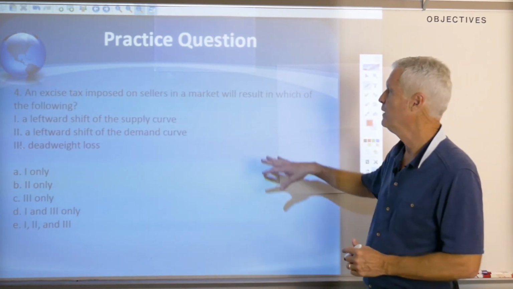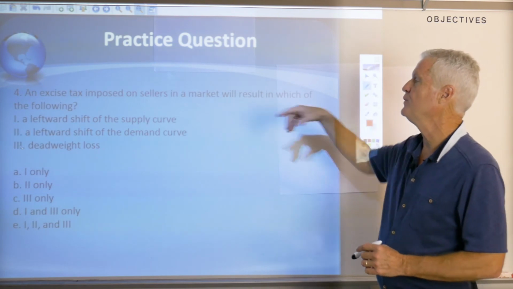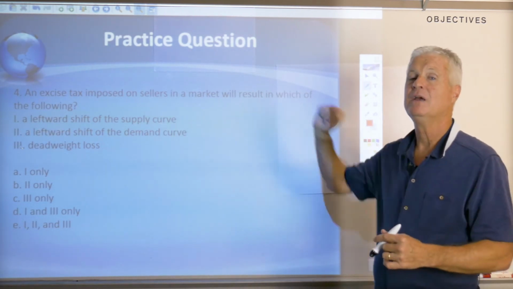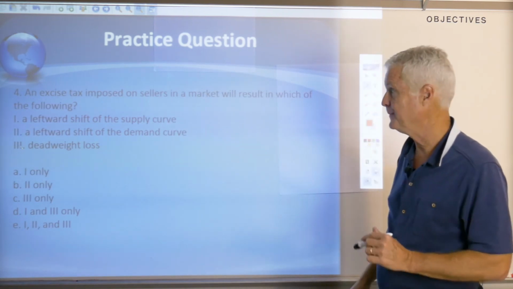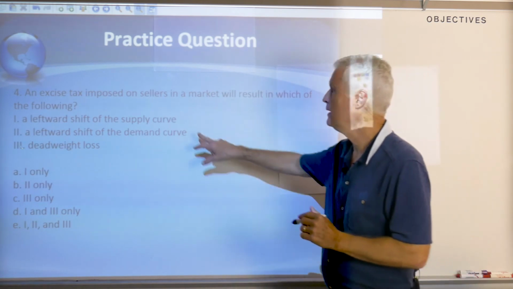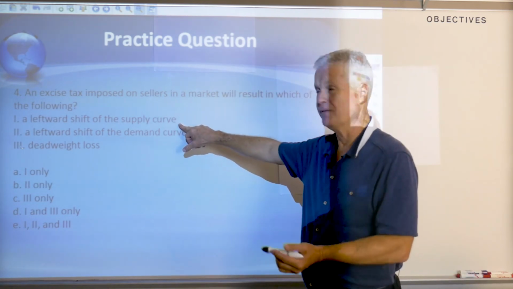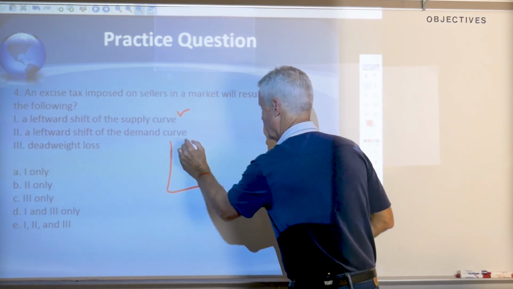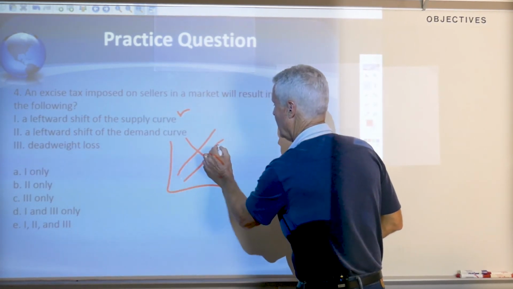Number 4, an excise tax imposed on sellers. Okay, now we're distinguishing between sellers and buyers, okay? So pause the video, answer the question. And we're back. A leftward shift of the supply curve? Yeah, that's what we did, right? We shifted the supply curve left. Right, supply went to the left.